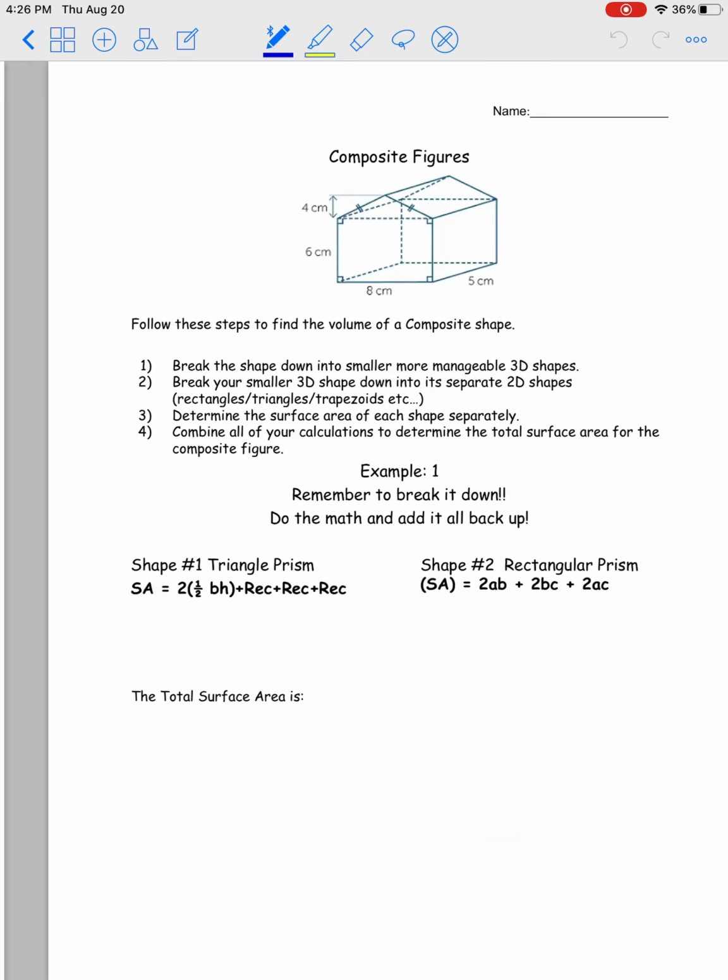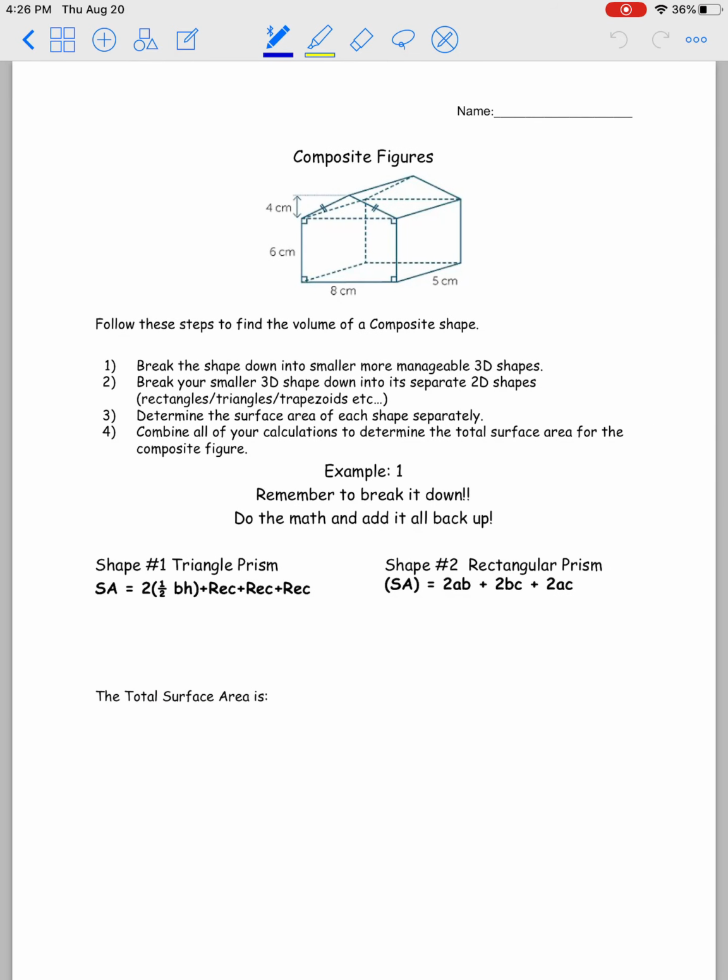There you go. All right, I think we have one more. Oh, goodness. Whew. Composite figures. All right, folks, bear with us here. Now, this isn't as bad as it looks. I promise you it's not that bad. Think of it like a house or a box with a triangle roof.